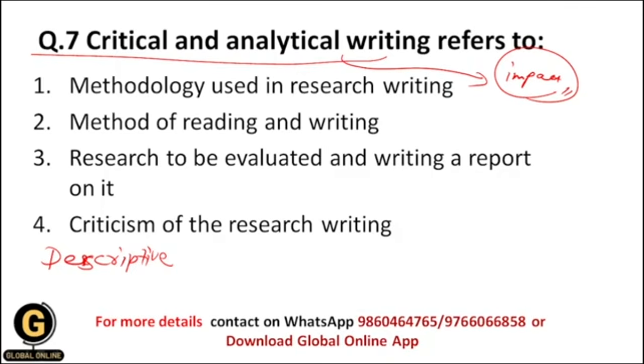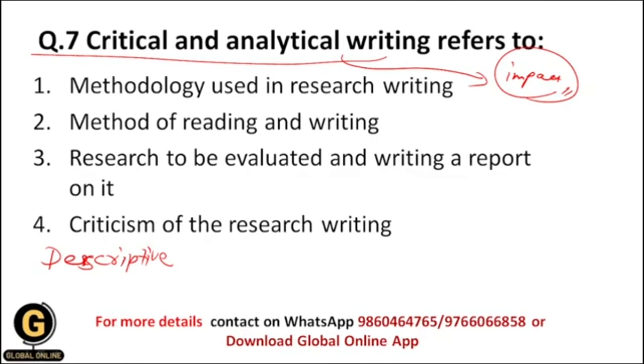Whenever we do a specific kind of research, obviously we have a research question, research aims and objectives, and that's why critical writing forms a particular link between the discussion part of the research report and the aim of the research.